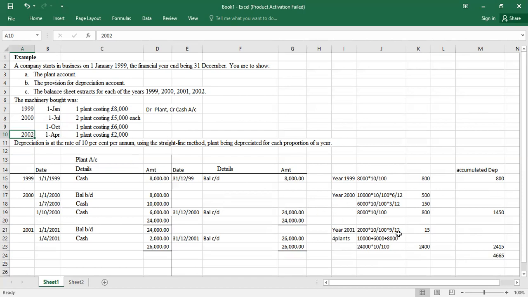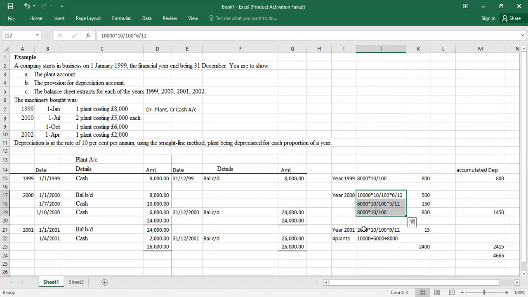This whole year, I'm just supposed to accumulate the... It is a confusion. Let me cut this. It's a whole year for 2001, and in the whole year, I'm just doing the depreciation for the machines that we acquired from the year 1999, one plant, and then for the year 2000.